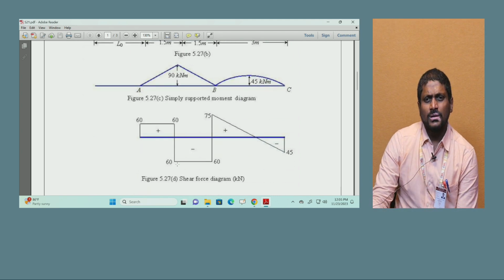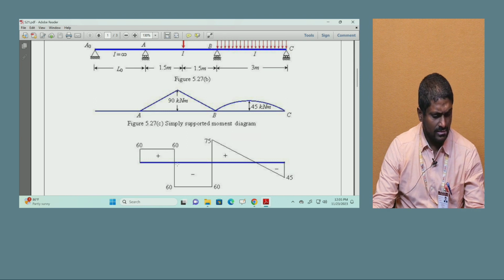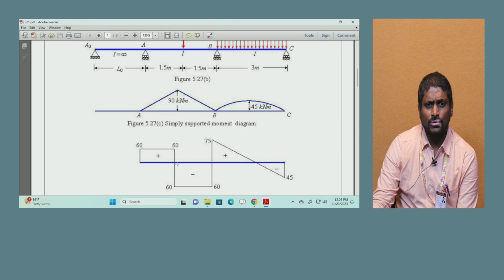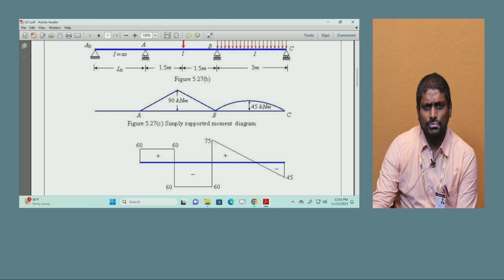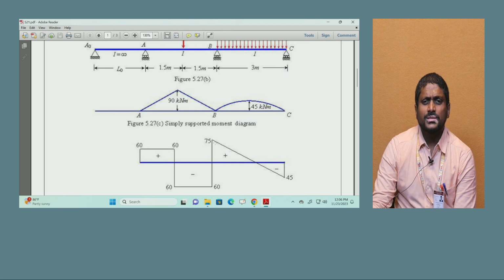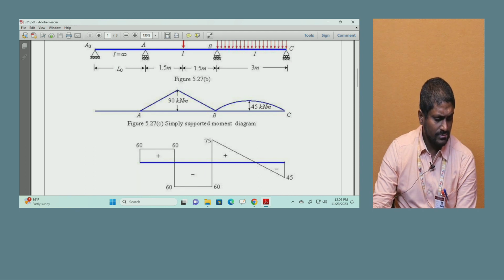When you see the shear force diagram, with the help of the support reactions, 60 kilonewtons will be there at A, and another 60 kilonewtons will continue up to wherever the load is, that is B. Then it goes to the minus level, and it will go up into the positive manner, since it is again a support condition at B, that is RB, the reaction at B, which is 75, and it will close with minus 45 at the support.